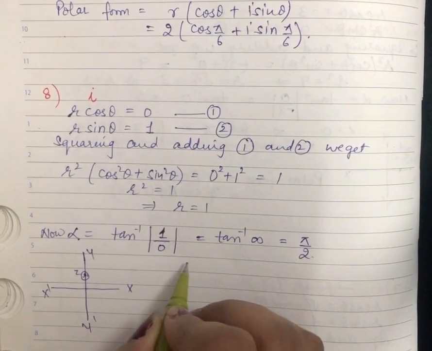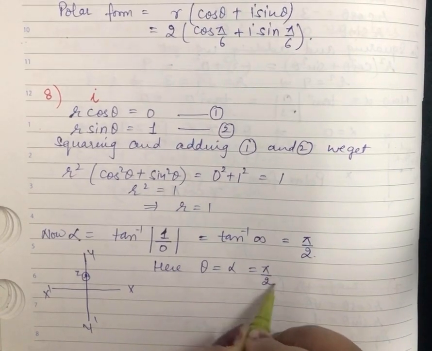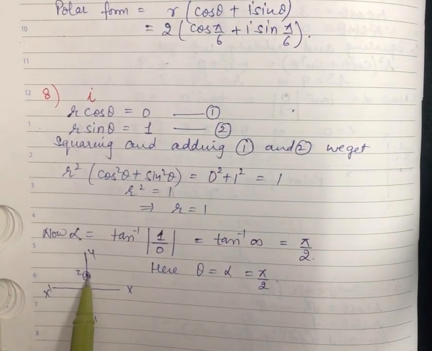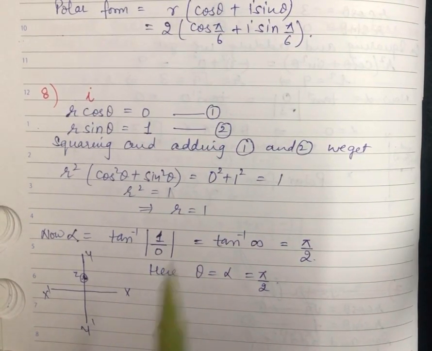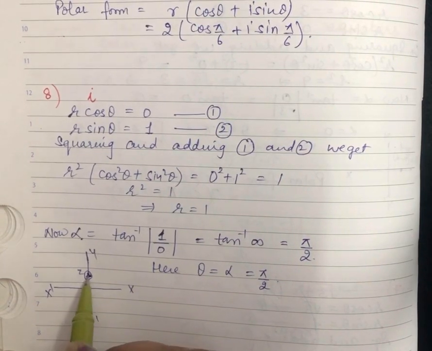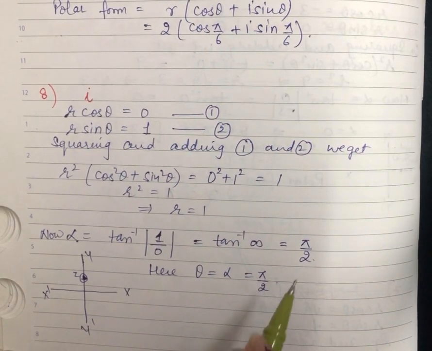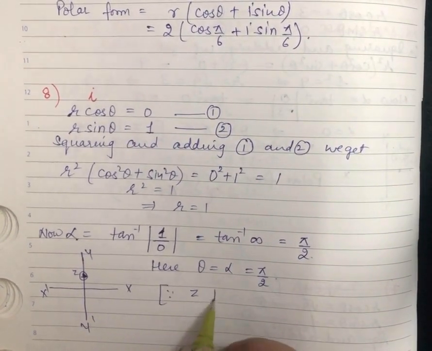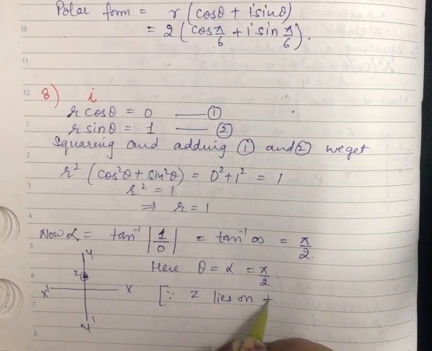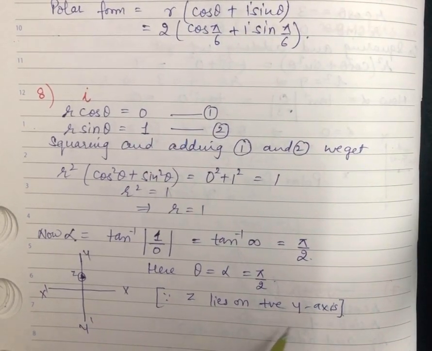So we can say here theta is equal to alpha is equal to pi by 2, because the complex number lies on the positive y-axis. So we can see that this complex number is at angle pi by 2, because z lies on the positive y-axis or imaginary axis.